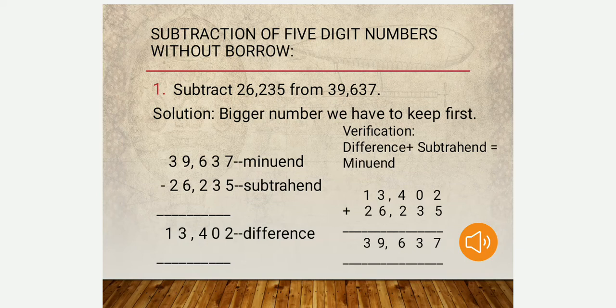This we have to keep first, and the subtrahend 26,235 we have to keep below, and we have to add them both. When we add both, we will get the minuend. You can see 39,637 is the addition answer, and in the left column it is the minuend. So this is the verification.